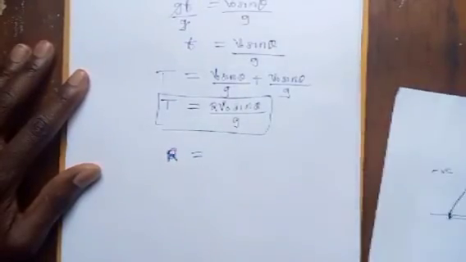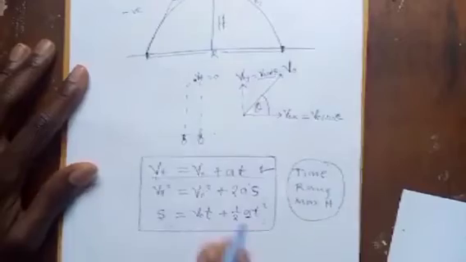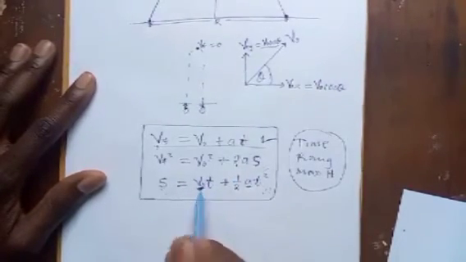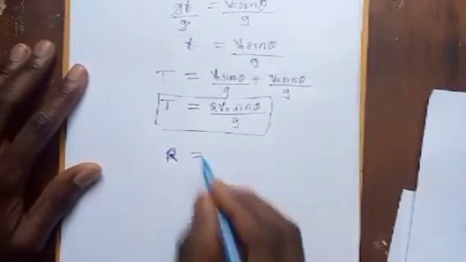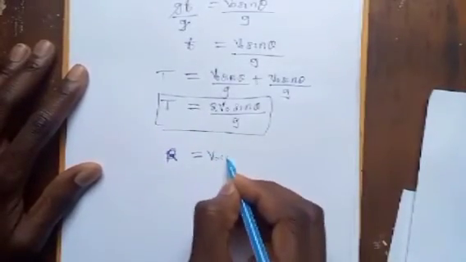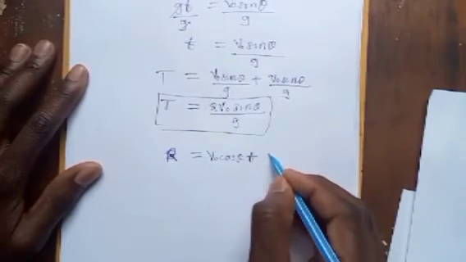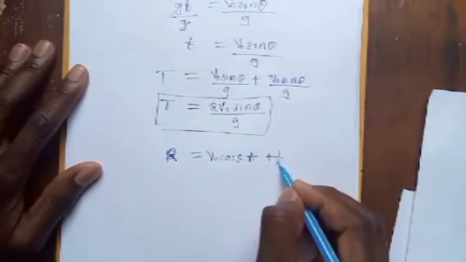Since we are trying to talk about the range in x, I'll use the velocity in the x-axis. What are we supposed to do? I'll write v initial cos theta times t, and then plus 1 over 2.